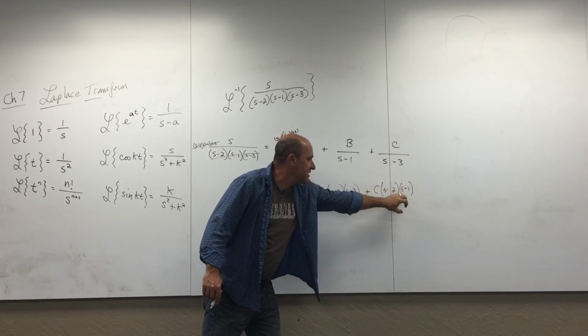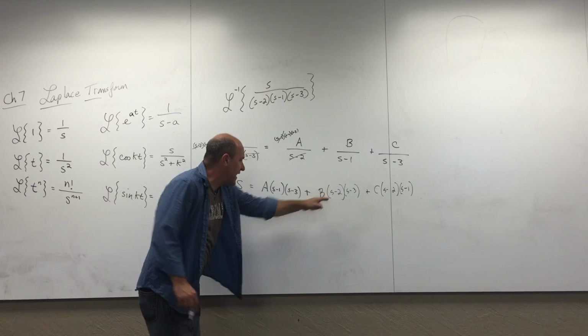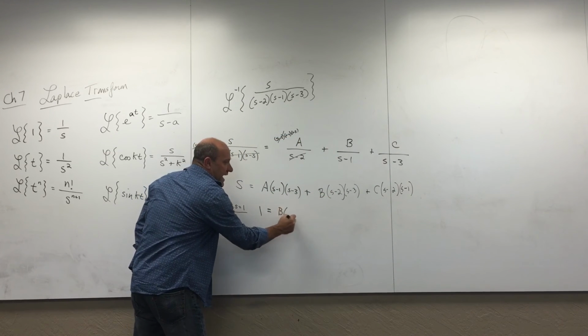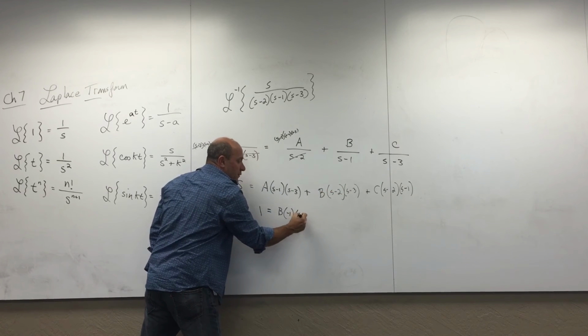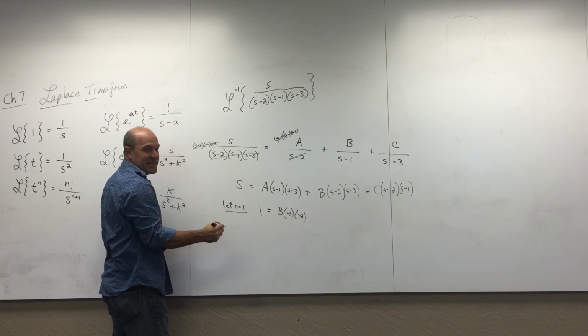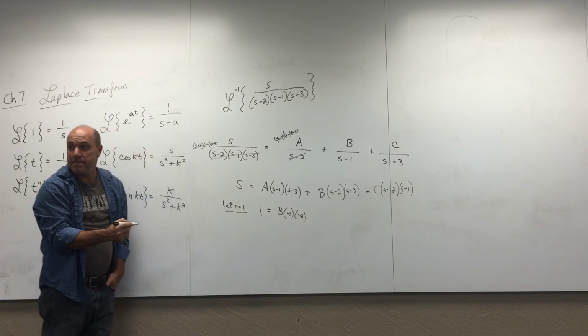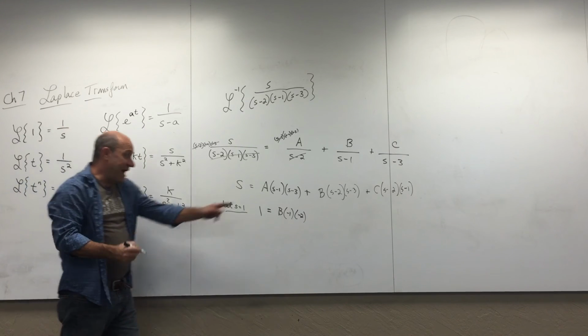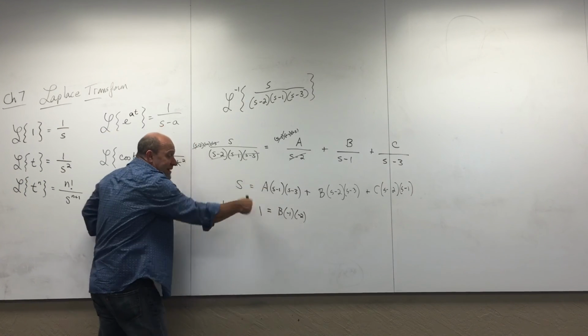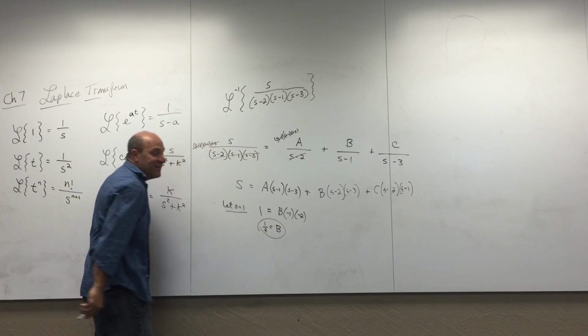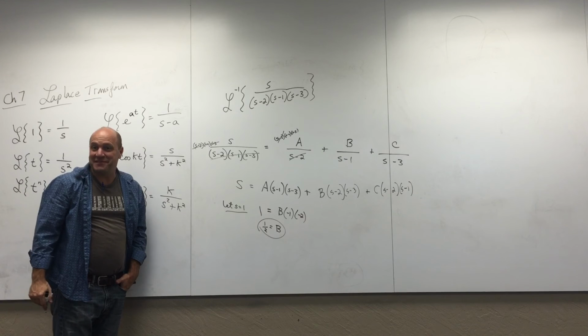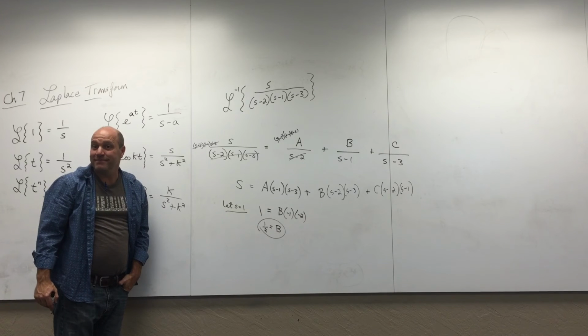You get B times negative 1 and negative 2. I think I did that right by plugging in a 1. Yep, that's positive 2B equals 1. Divide by 2. Guess what B is? 1/2. All right, just repeat that process a couple times and you'll get A and C.